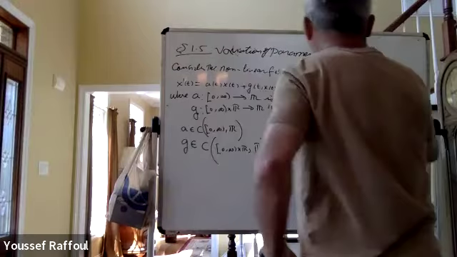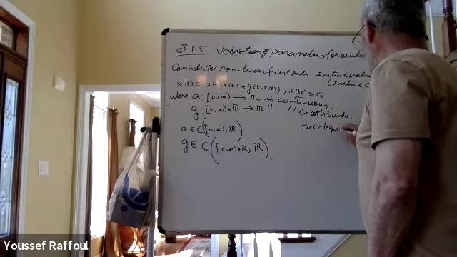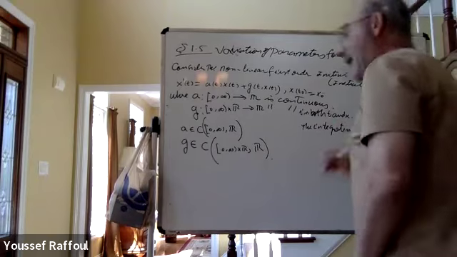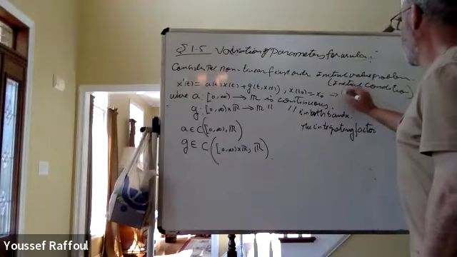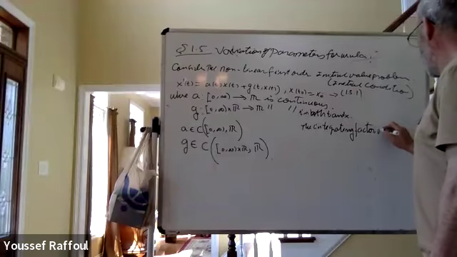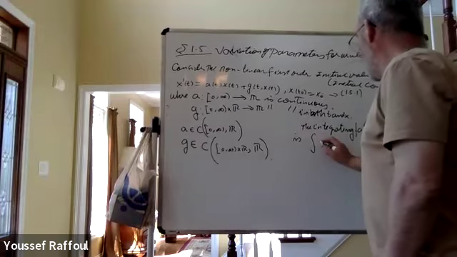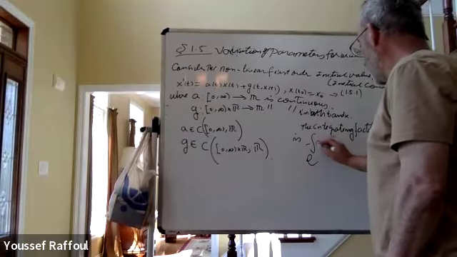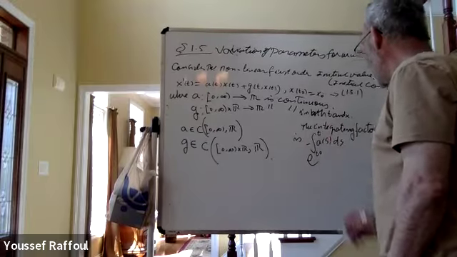So the integrating factor, let me see what I called the equation 1.5.1. Let's call this 1.5.1. The integrating factor is exponential to minus the integral of a(s) ds from t naught to t.